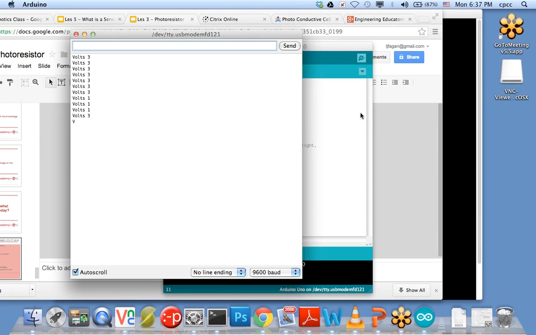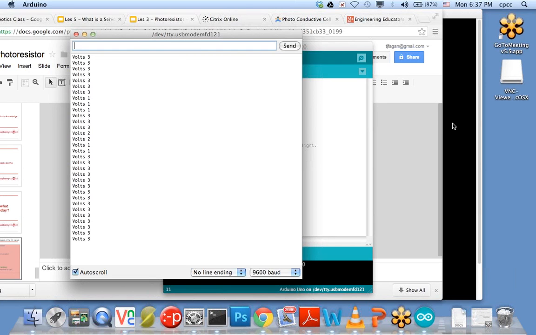So your code can look something like this, where you can actually tell what voltage it's pulling out, which is really cool. So now it becomes a sensor.